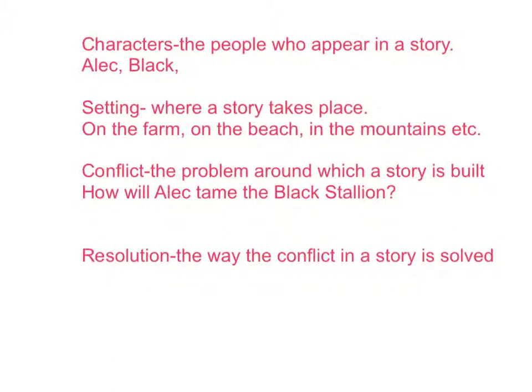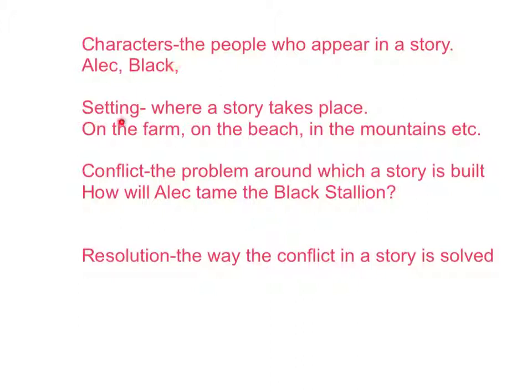The first part we need to talk about is characters. You know what that is. A character or characters are the people who appear in a story. For example, in our story this week, we're going to learn about Alec and Black, which is the name they are going to use to call the Black Stallion.